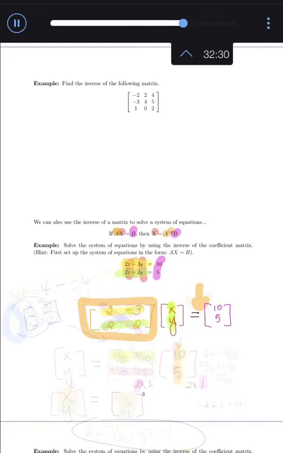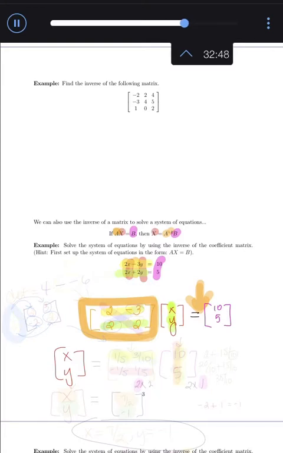So what this will mean is to solve this, we're going to have that our X and our Y will be over here now, but we're going to move this matrix over to the other side by putting its inverse right in front.